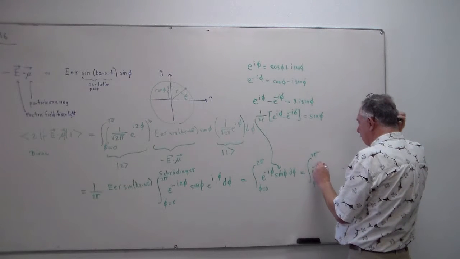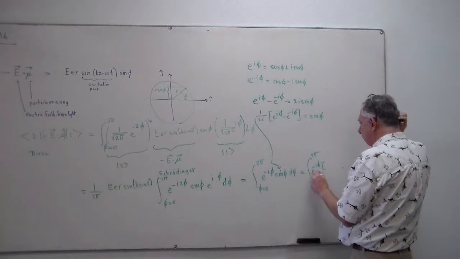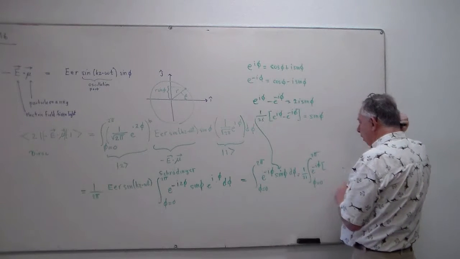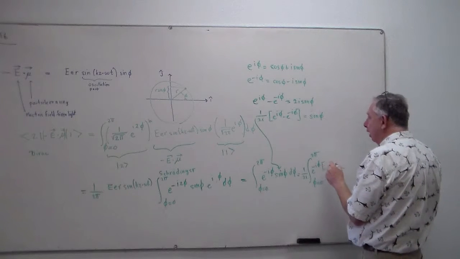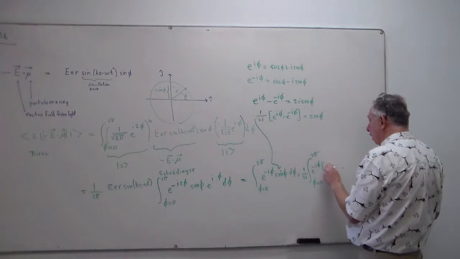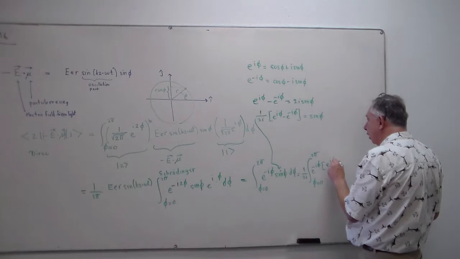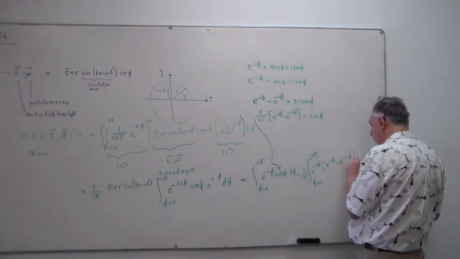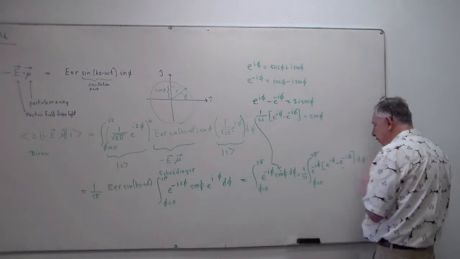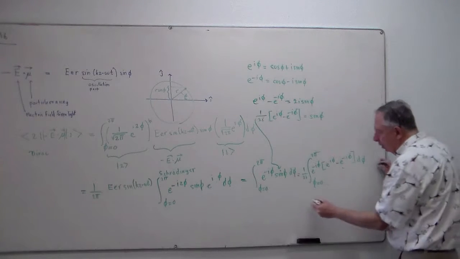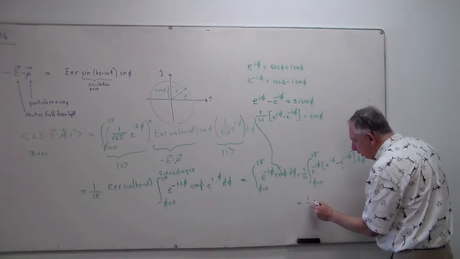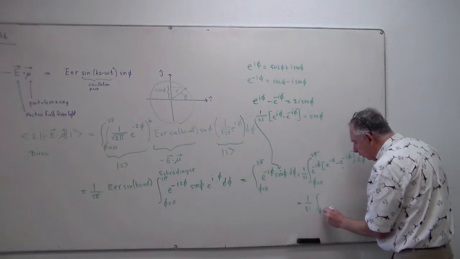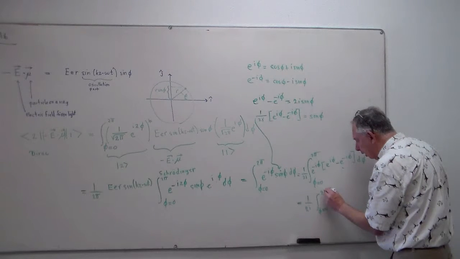E to the minus I phi times, and we'll bring the 1 over 2I outside, e to the minus I phi times e to the I phi minus e to the minus I phi, d phi. Okay, carry into the integral everything, 1 over 2I, phi equals 0 to 2 pi.